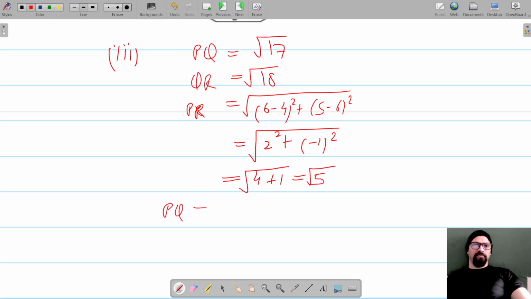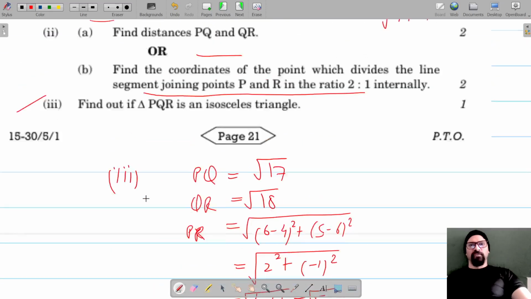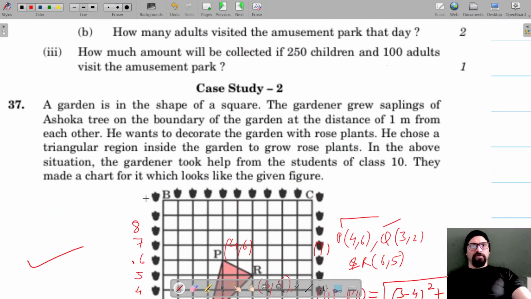So here PQ is not equal to QR, is not equal to PR. So this is not an isosceles triangle. So we can write PQR is not an isosceles triangle.